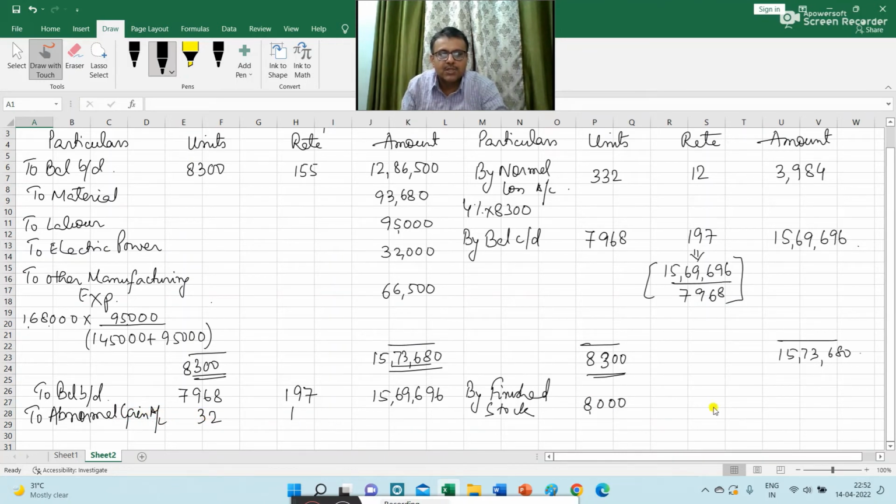So both this finished stock will be valued at 197 per unit, and abnormal gain also at 197 per unit. So abnormal gain value is 6,304, and the finished stock is valued at 15,76,000. So sum of the debit and the credit side you need to write here.